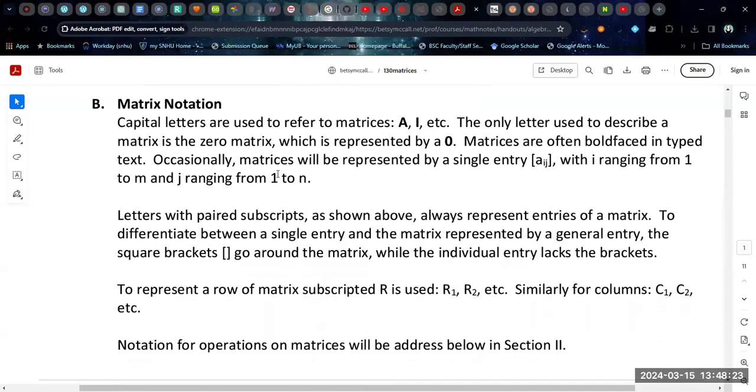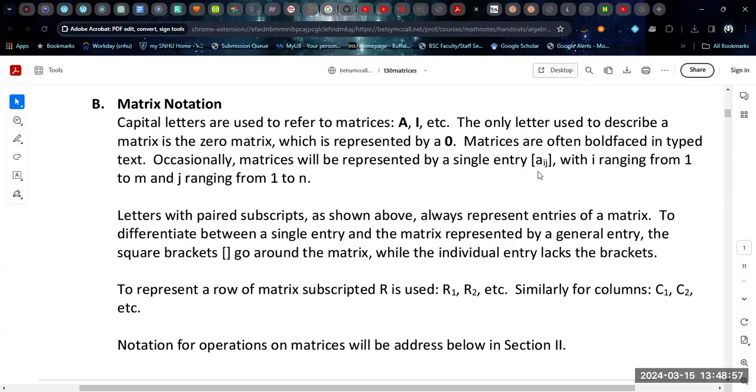Now, matrix notation: typically we will refer to matrices with capital letters, and you will sometimes see them in print in boldface as well, although when people are writing on the board, obviously we can't do boldface. Same thing for vectors. They will sometimes be represented in boldface, but with lowercase letters. But typically matrices are capital letters and vectors are lowercase letters.